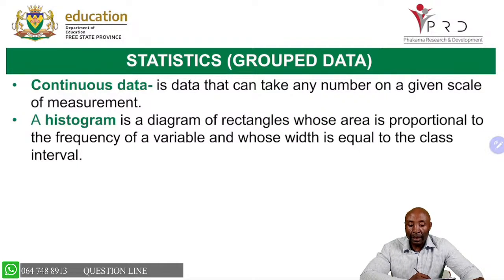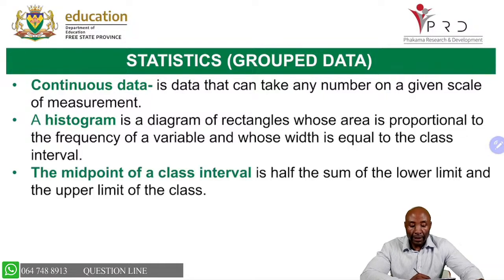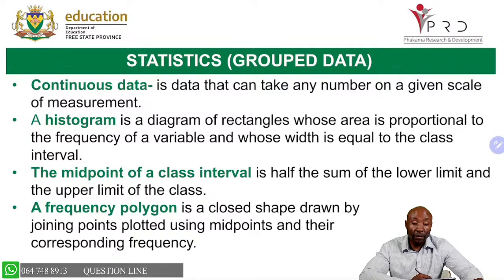This can take any number on a given scale of measurement. Now, you will always see that for continuous data, there are no gaps. You can represent continuous data using a histogram. And if we plot the midpoints of the class intervals, we come up with a frequency polygon that is a closed shape.